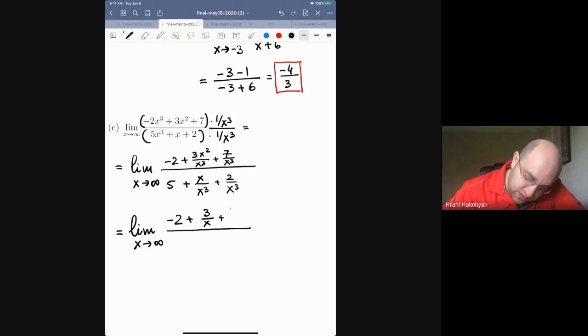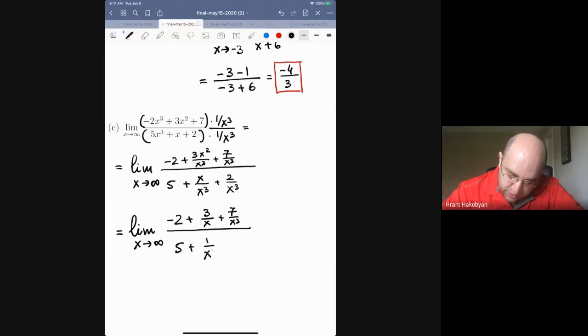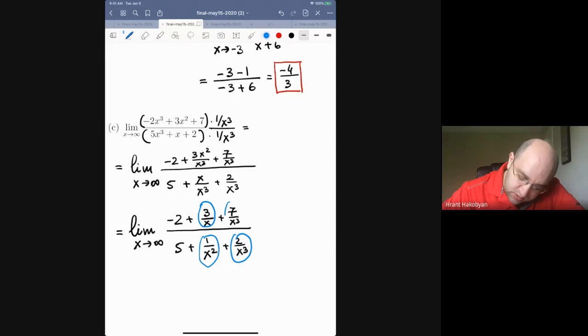Then I have 7 divided by x to the third. 5 plus x divided by x to the third is 1 over x squared, plus 2 over x to the third. So all these terms, they go to 0. These go to 0 and these go to 0.